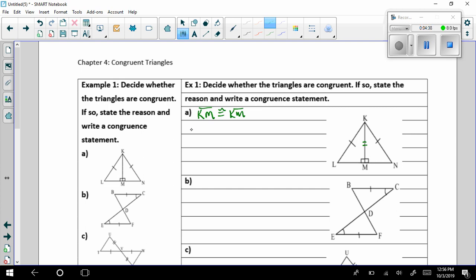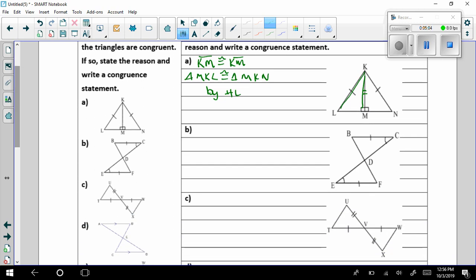So because of that, we can say now that triangle MKL is congruent to triangle MKN by hypotenuse leg, because we have the hypotenuse here and the leg here. So hypotenuse leg.